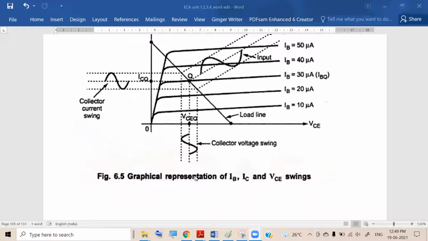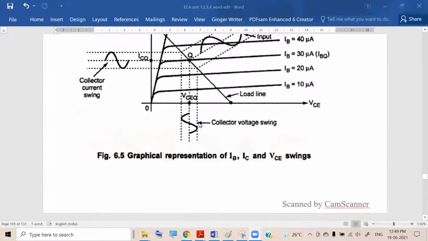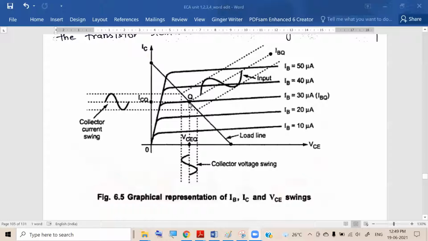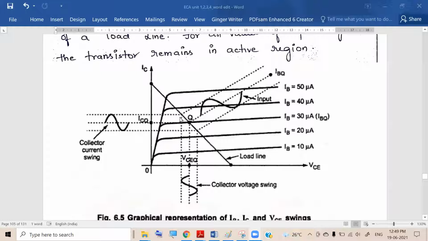So how can we get that? Here it is like this. I told you the VCE and IC are related according to the DC load line. Not only related, they are limited by this DC load line. This particular region happens to be the active region, meaning the emitter base junction is forward biased, collector base junction is reverse biased.